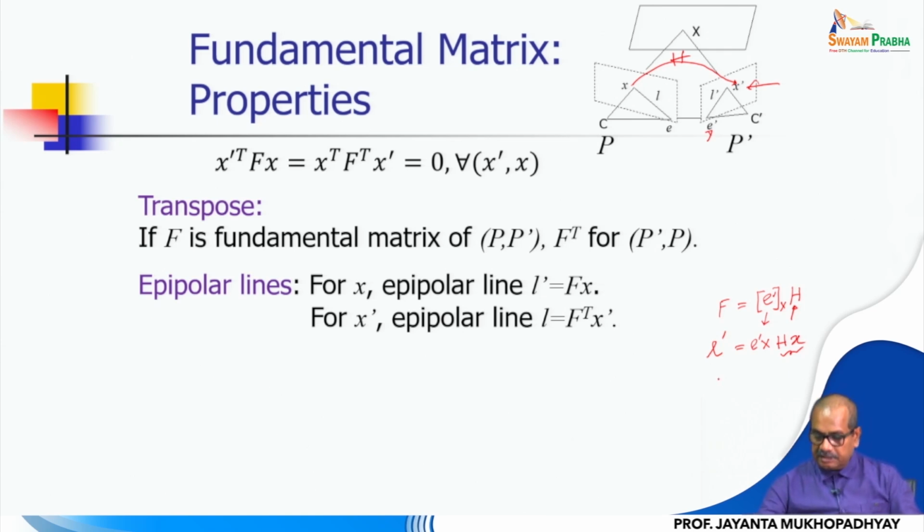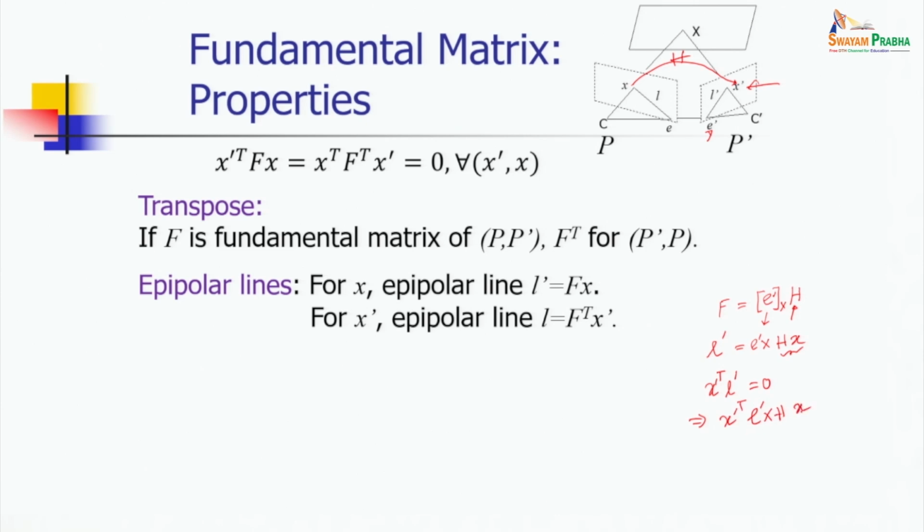Since x prime is contained in L prime, x prime transpose L prime equals 0, so this gives x prime transpose E prime cross Hx equals 0. That is the equation, and in matrix algebra form the cross product that we have seen can be expressed by a particular matrix, E prime cross H.